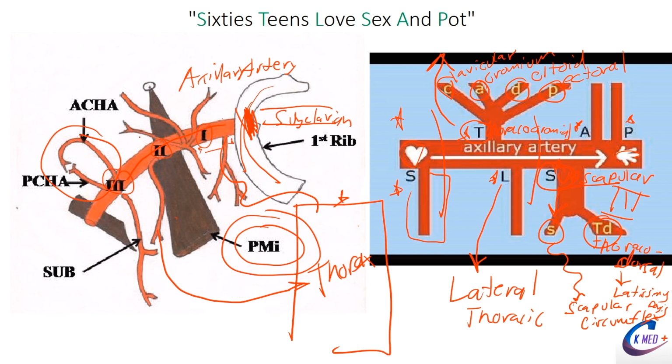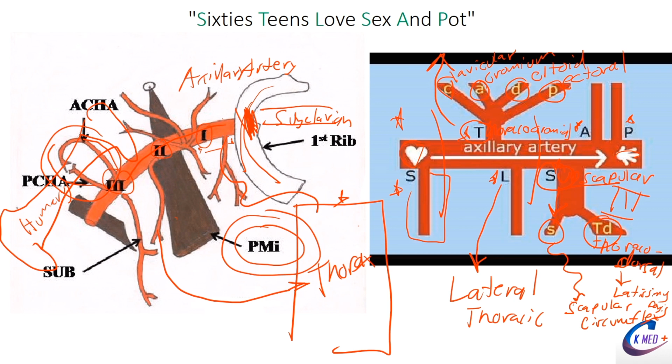Now that we're at the top of the arm, you describe, well, I have an A, and I have a P, and both of these arteries circle around something. And you might ask, what is that thing? Well, if I were to just draw a bone that kind of goes right through here, that goes to our arm, you might laugh because it's quite humorous. Okay, so the humerus bone actually runs right through here.